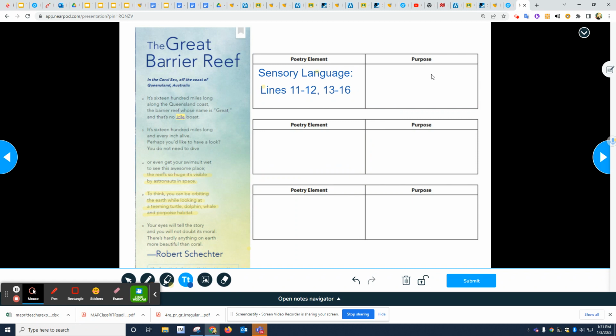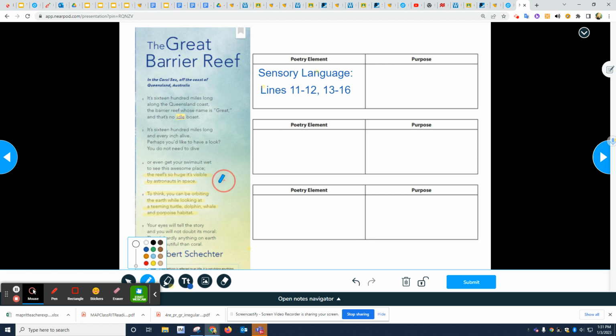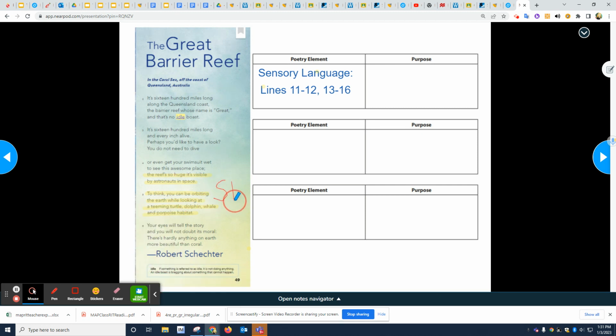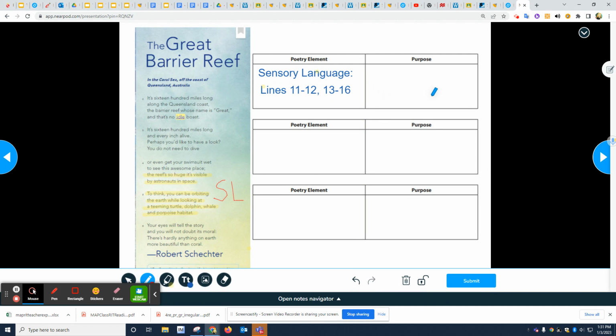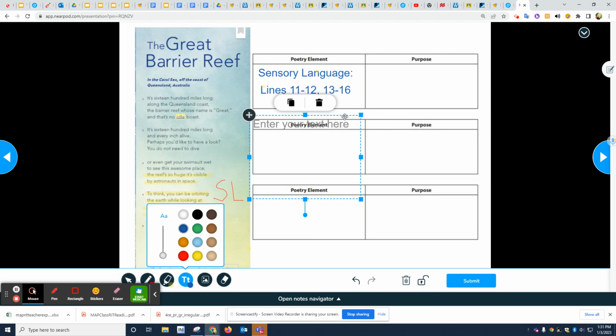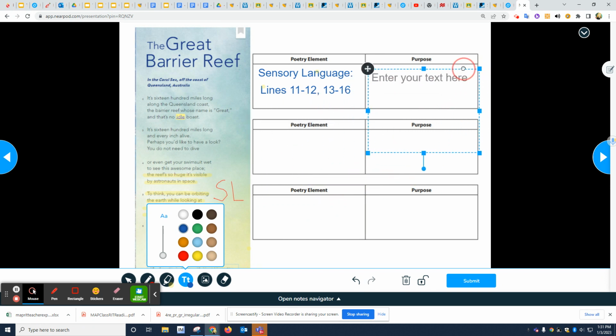Now, the hard part will be the purpose because I could identify it. I found it right here, the sensory language. And now I have to think to myself, why would an author have sensory language in a poem?